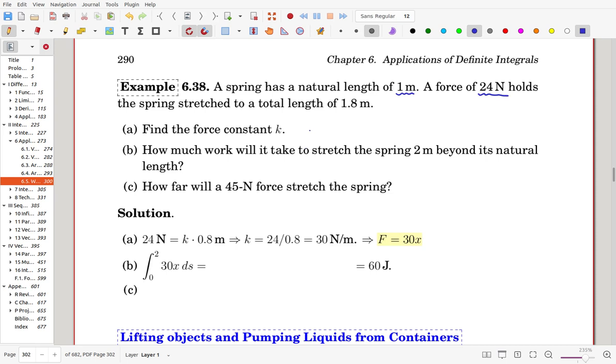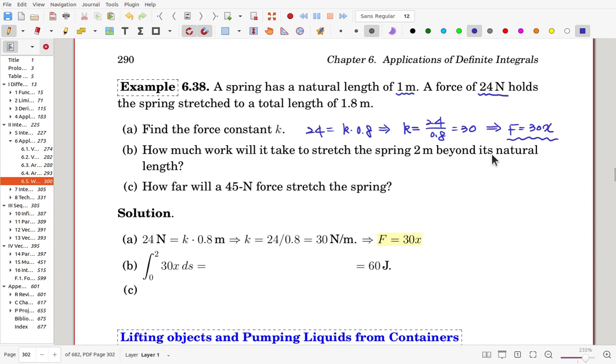So here the force 24 is k times 0.8. From here we can get the spring constant: 24 over 0.8, which is 30. That means if you try to express the force, then the force will be 30x. Right? You can get that.